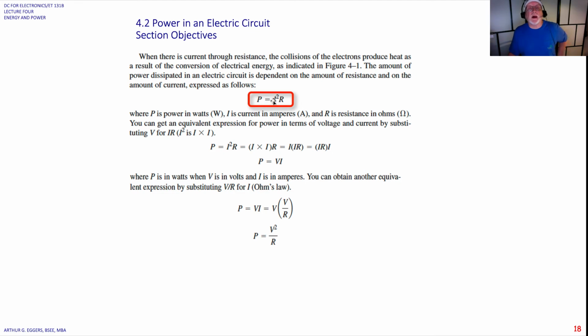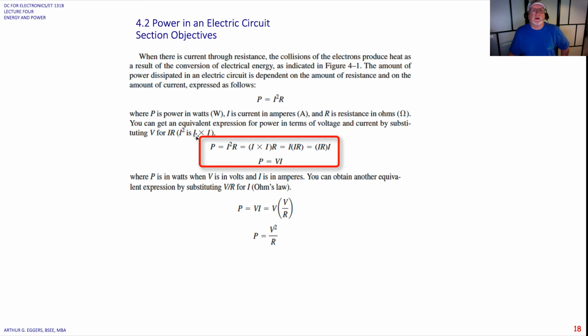We're talking about energy where we're converting electrical energy to heat energy, I squared R loss. P is the power in watts, I is the current in amps, R is the resistance in ohms. You can get an equivalent expression for power in terms of voltage and current by substituting the voltage for IR.